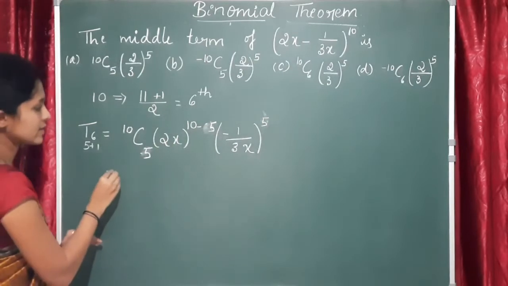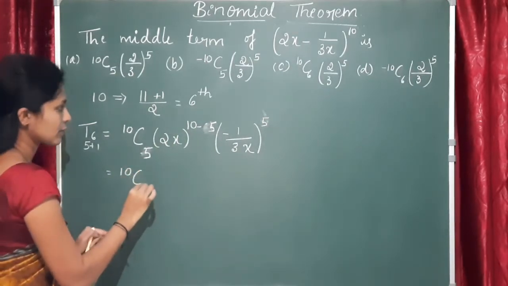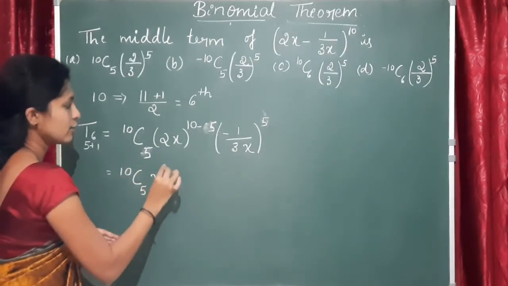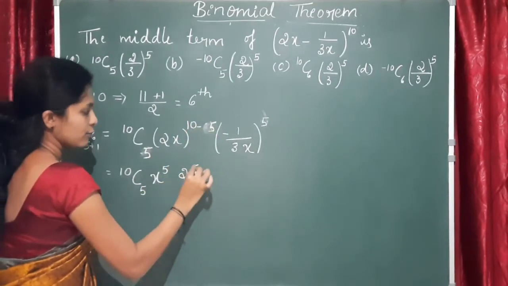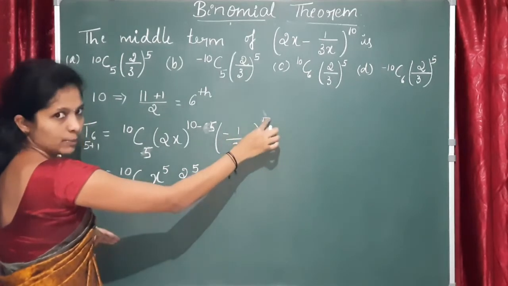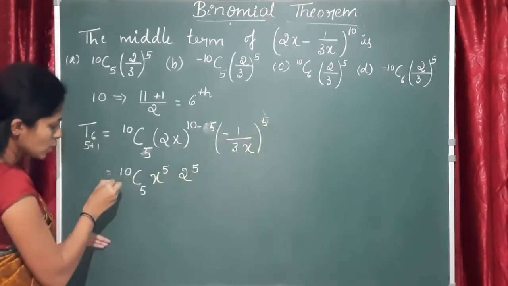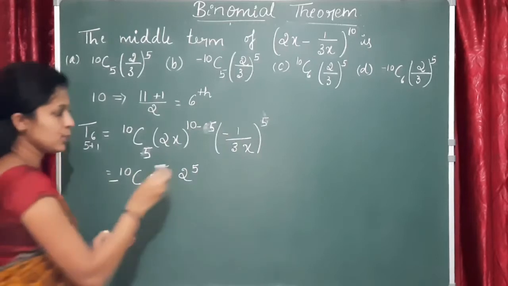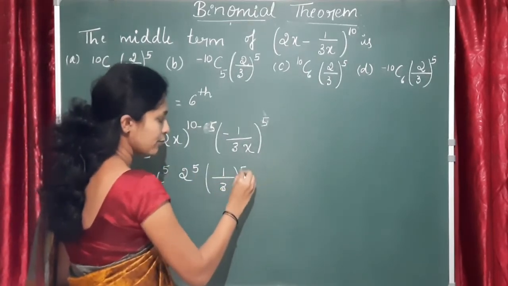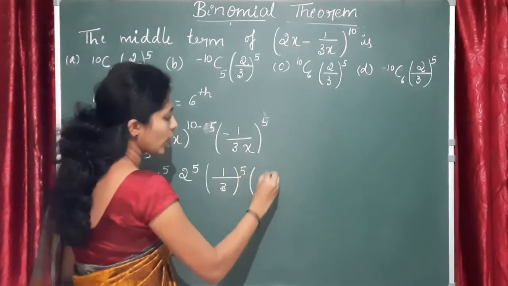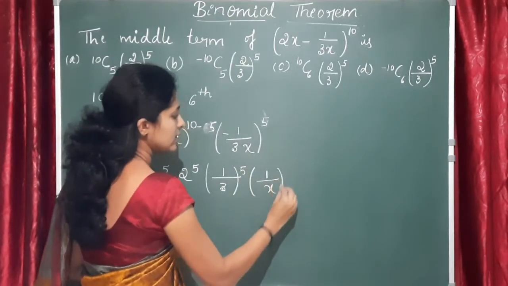We'll simplify. This is equal to 10C5 x to the power 5, 2 to the power 10 minus 5 will be 2 to the power 5, and minus 1 to the power 5 will be an odd number, so obviously this will be negative, into (1 by 3) whole to the power 5, and splitting this into 1 by x to the power 5. Right?